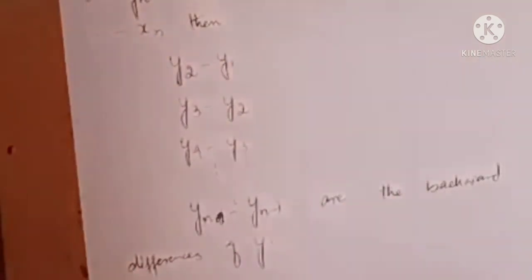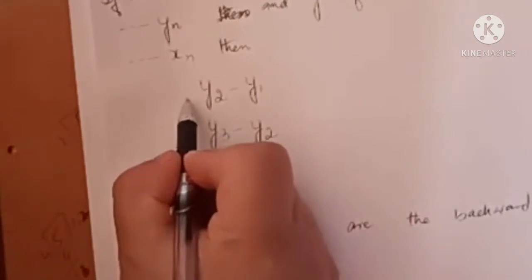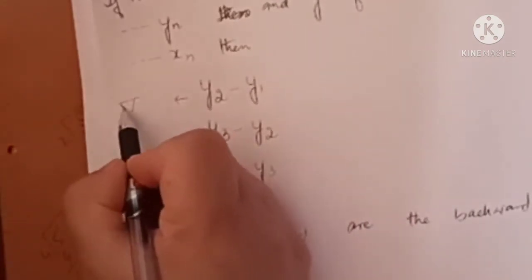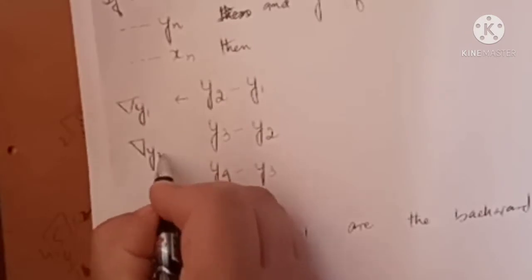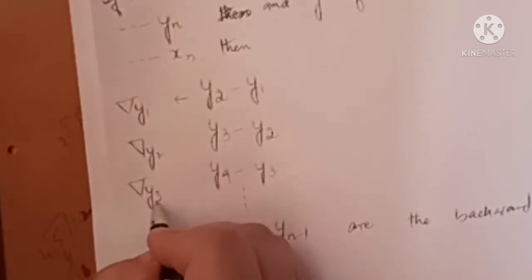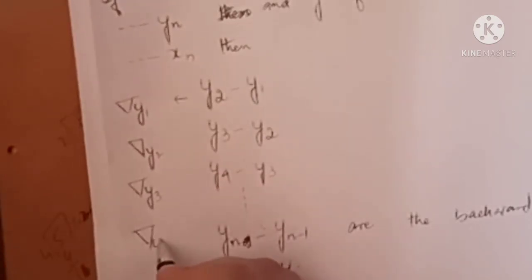Now you will tell me it looks similar to what we did in the forward differences. No doubt this is similar, but the representations are different. This is represented like the operator on y1, y2, y3, and similarly yn, not only this but in the table.